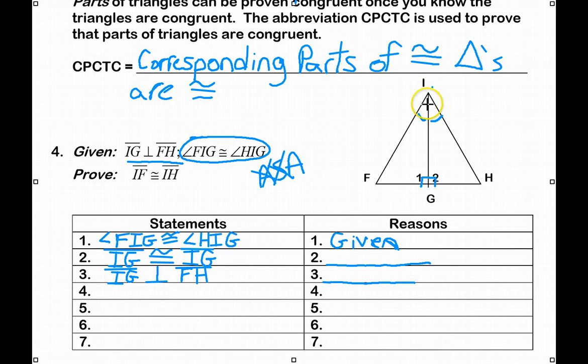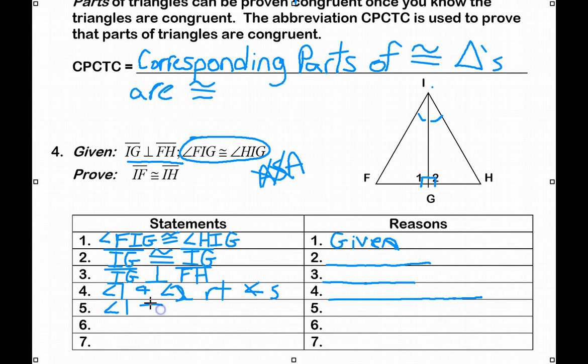They told us they're perpendicular, and what they're trying to tell us from that is that angle 1 and angle 2 are right angles. And again, I'll let you fill in why. That's the definition of perpendicular. And therefore, we can conclude that angle 1 is congruent to angle 2 because all right angles are congruent.